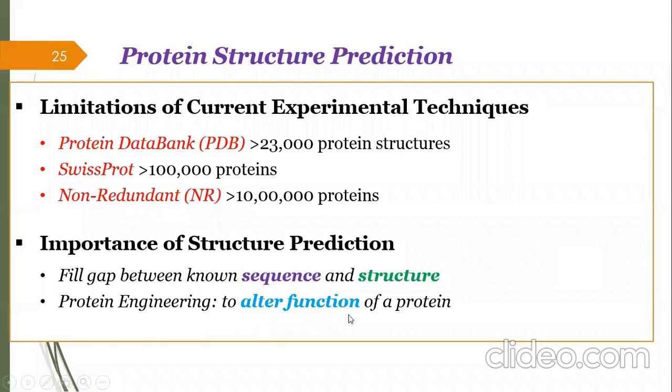For that reason, we also need to predict the structure. If we want to alter the function, we need to predict the structure. And third, in drug design, we also need protein structure. So these are the areas where we need protein structure.